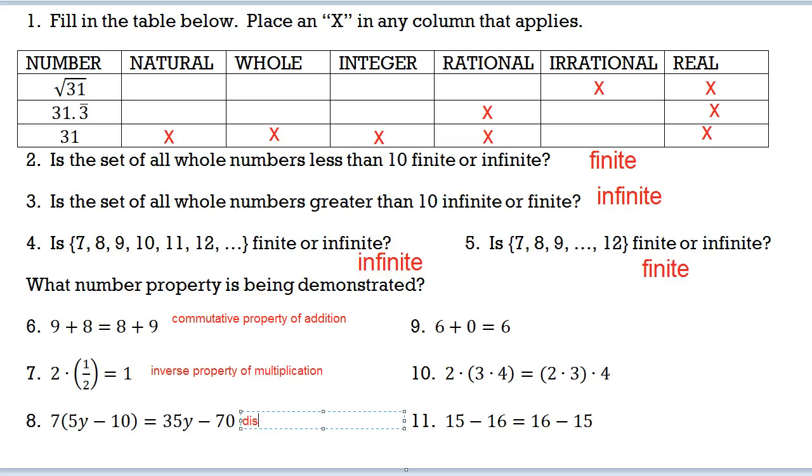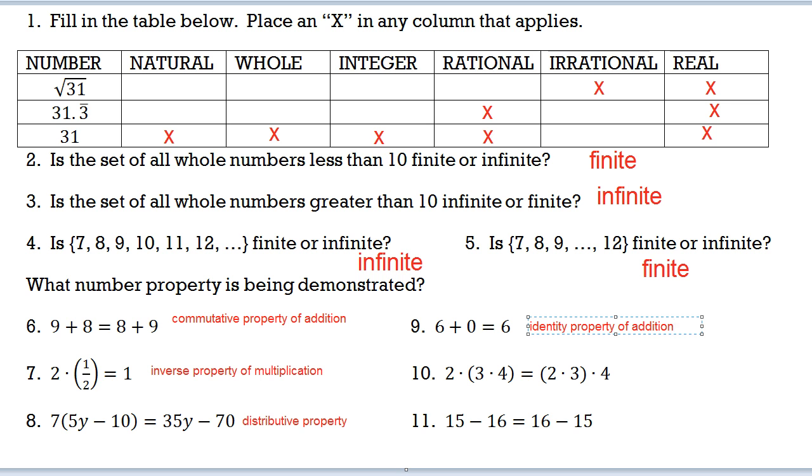All right, I think we all know this one. That one doesn't have a classification for it for addition or multiplication. It just is what it is. It's the distributive property. Number 9, now we're talking about keeping a number the same, keeping the number what it is. So this is the identity property of addition.